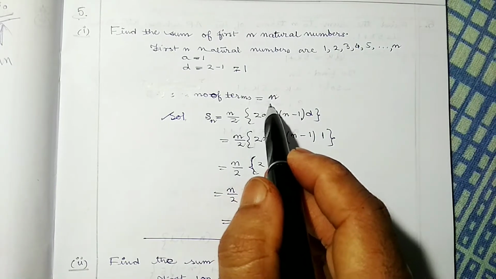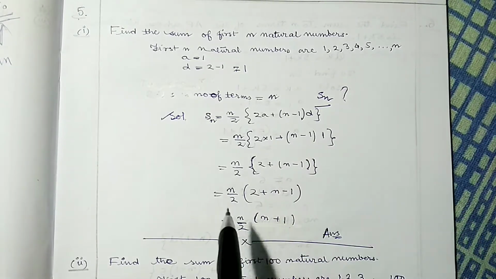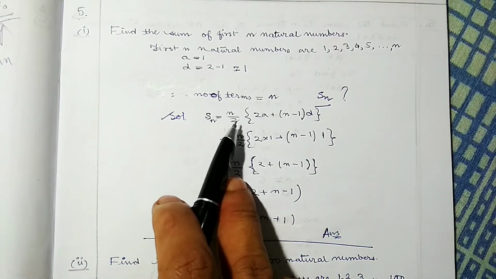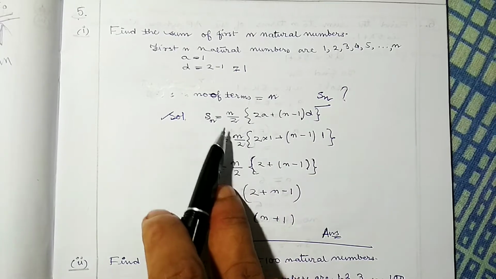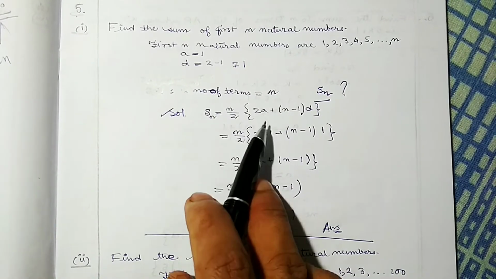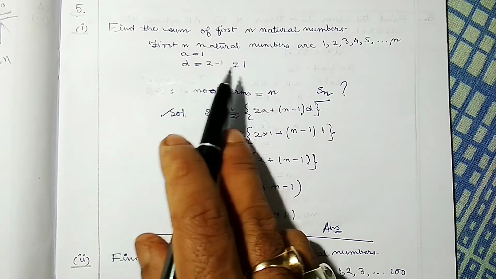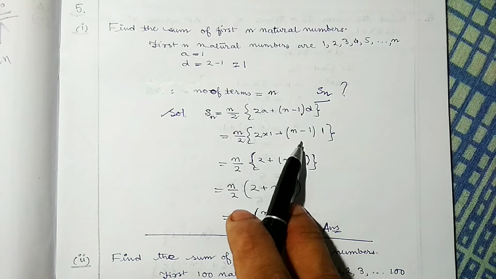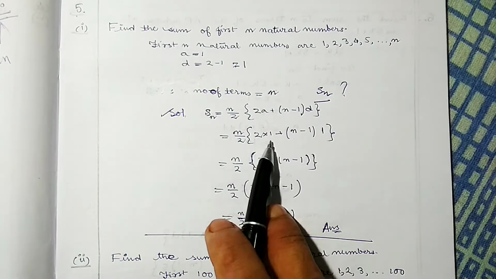What do we have to find? We have to find the sum of n terms. This is required. Now we know the formula for the sum of n terms, n by 2 into twice a plus n minus 1 into d. n by 2, n will remain n, twice a, instead of a we write 1 because a is 1 and d is 1. So n minus 1, instead of d we write 1. So a and d both are replaced by 1.